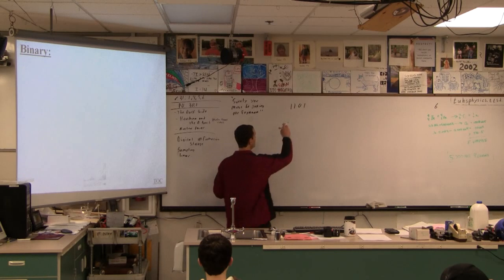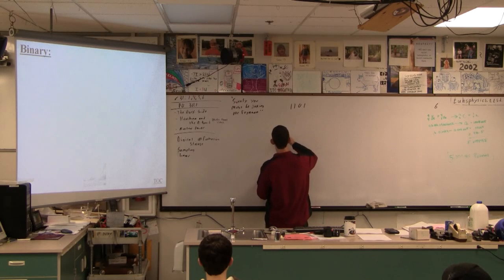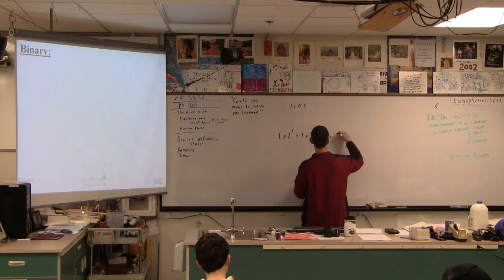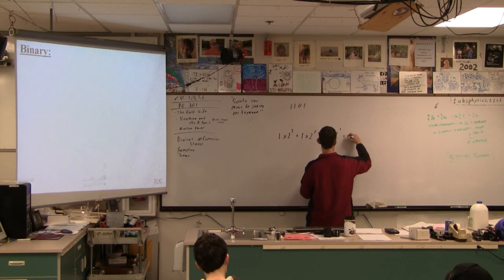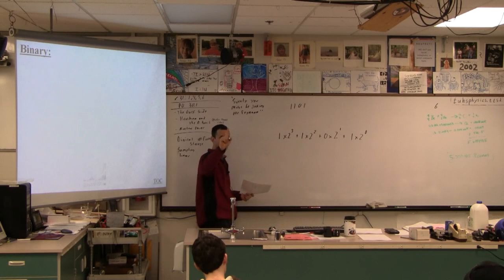But anyway, what this means, 1101, is that it's 1 times 2 to the 3rd plus 1 times 2 to the 2nd plus 0 times 2 to the 1 plus 1 times 2 to the 0. And just to refresh our memory, 2 to the 0 is 1.